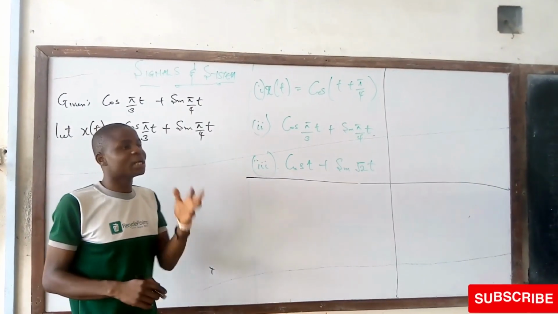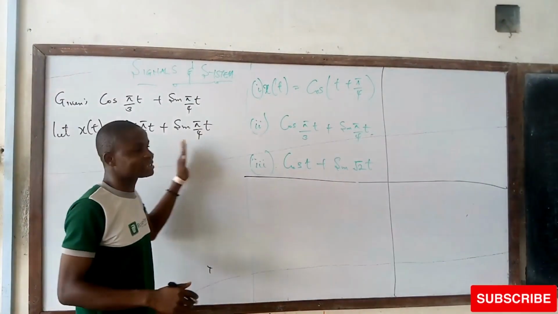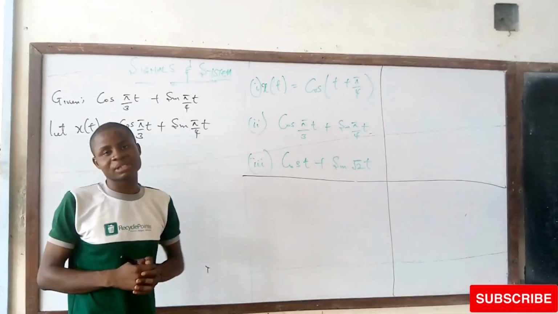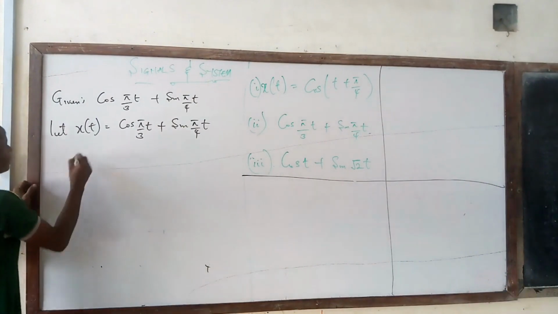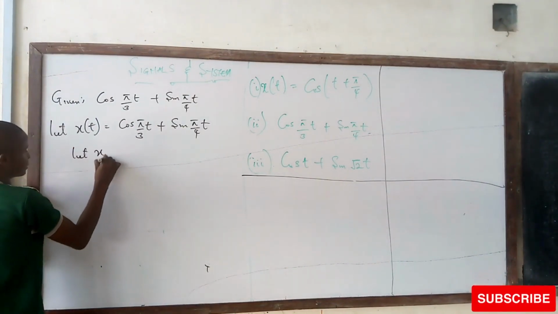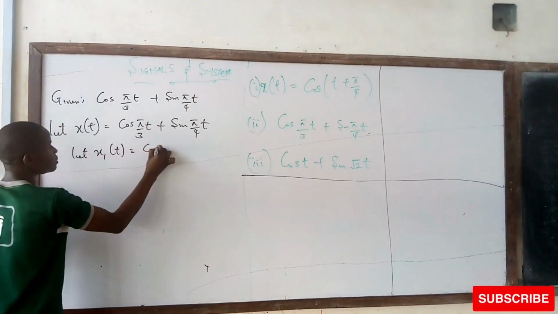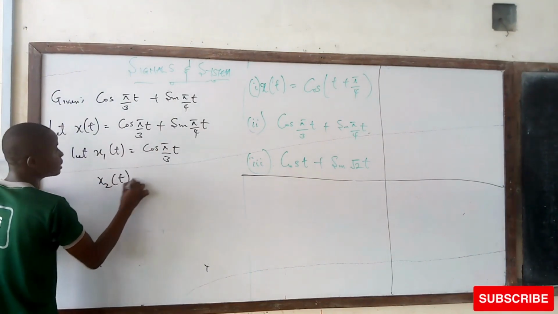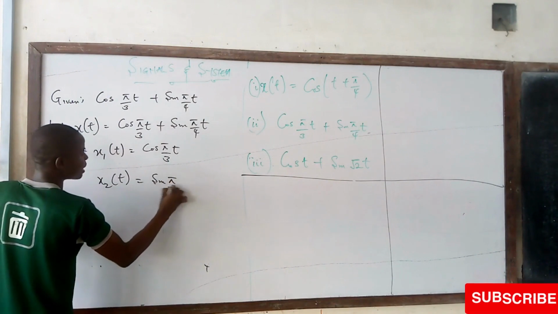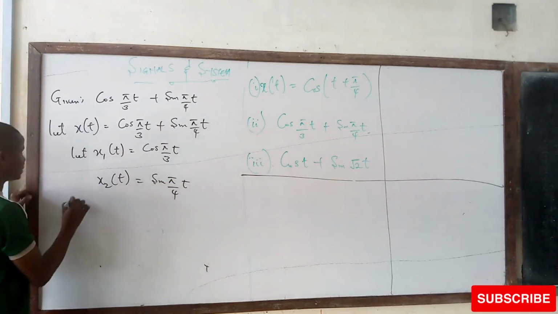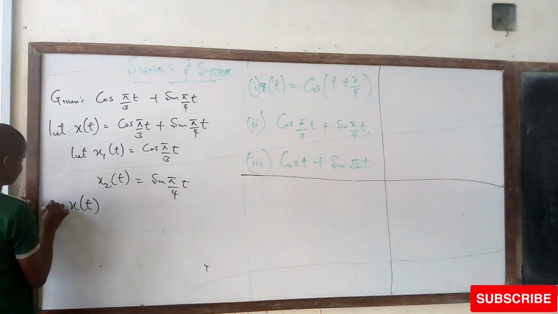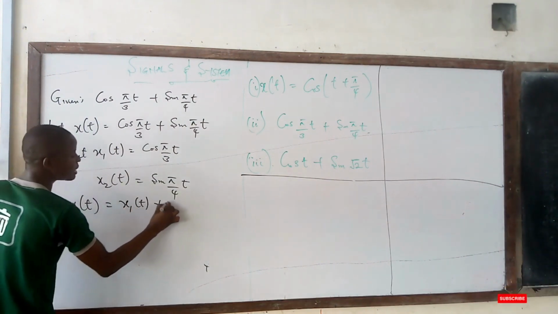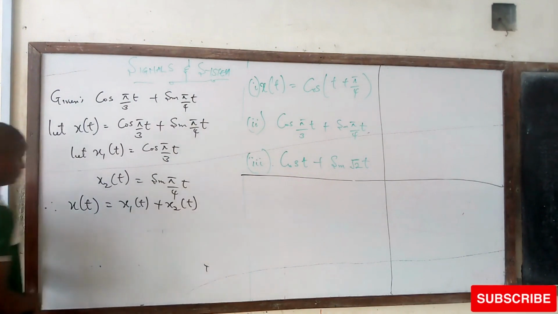Number one, we break this signal into 2, so that it looks like the previous example. Let x1 of t equal cos of pi over 3 t, and x2 of t equal sine of pi over 4 t. Therefore x of t will be equal to x1 of t plus x2 of t.